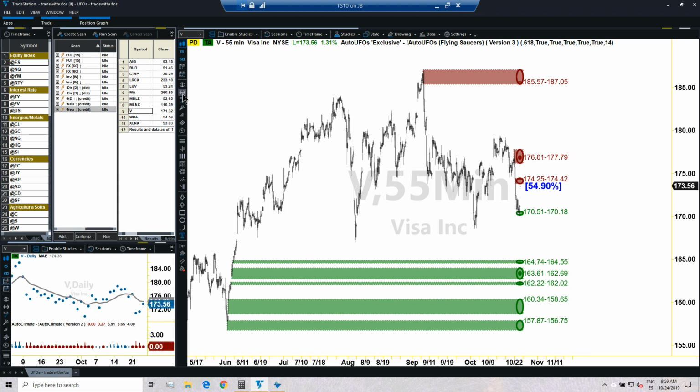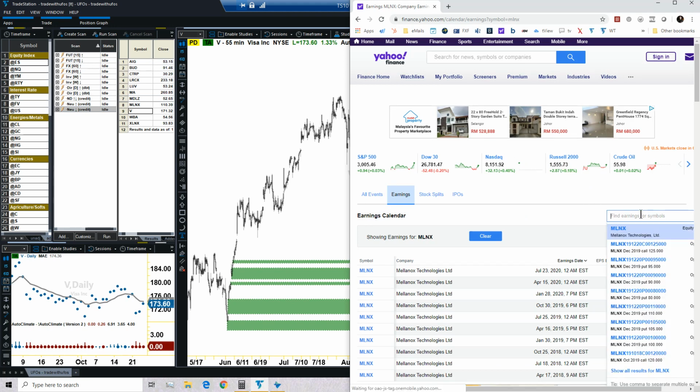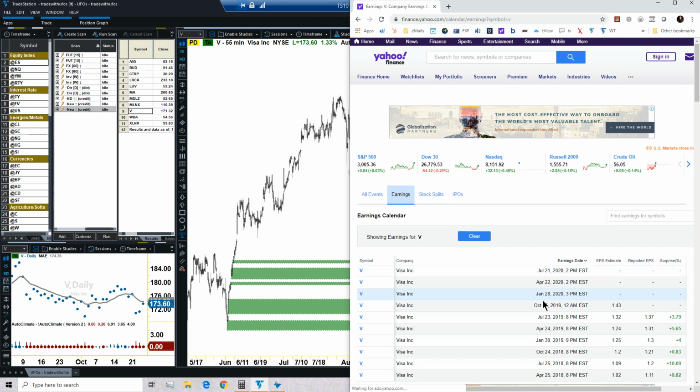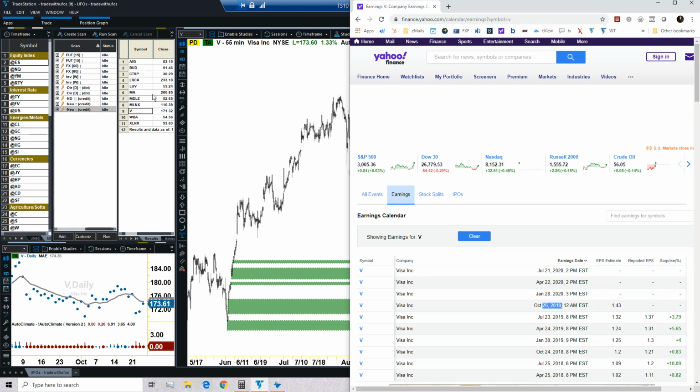That way we save a little bit of time with the download, so you guys don't need to wait. So what's going on with Visa when it comes to earnings? With MLNX, we said we need to use tomorrow expiration, so that's clear. With Visa, we cannot do Visa because it's tomorrow actually. Okay, so forget about Visa.